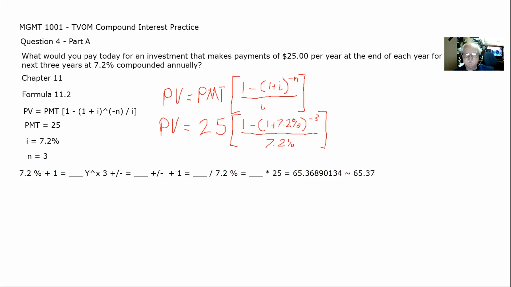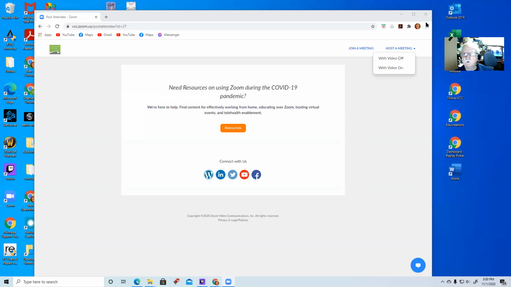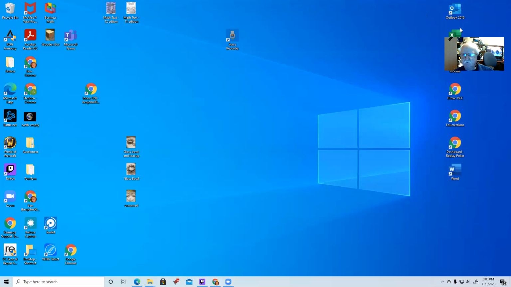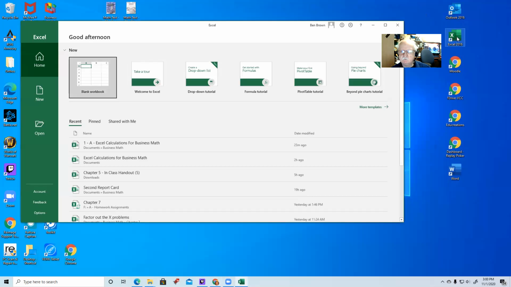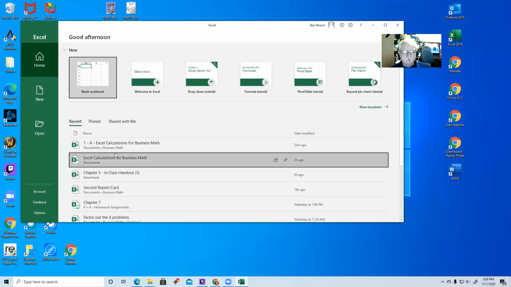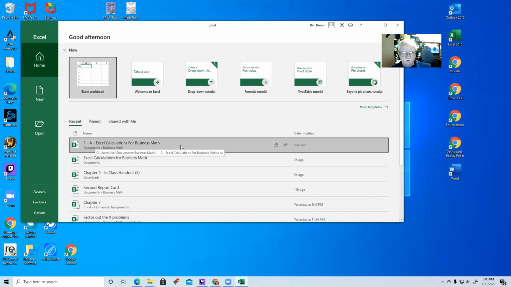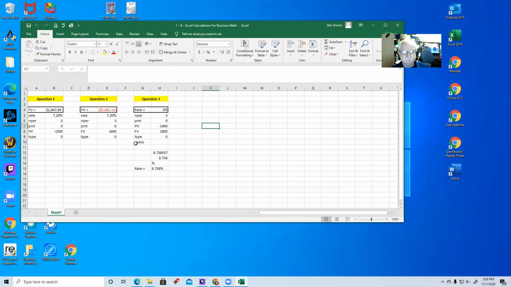So we'll stop sharing this and go over here. Get rid of this, move my beautiful face out of the way and hit Excel. We created these calculations for business math, so we can grab that.